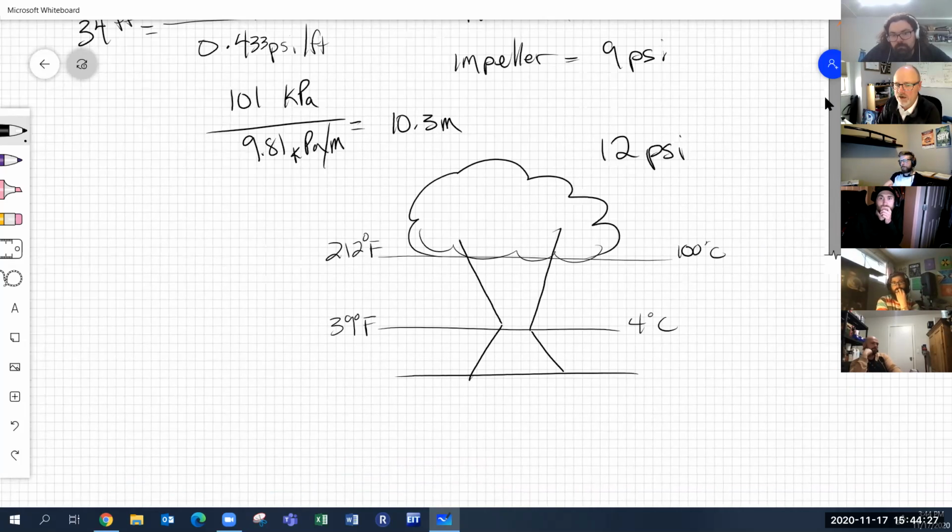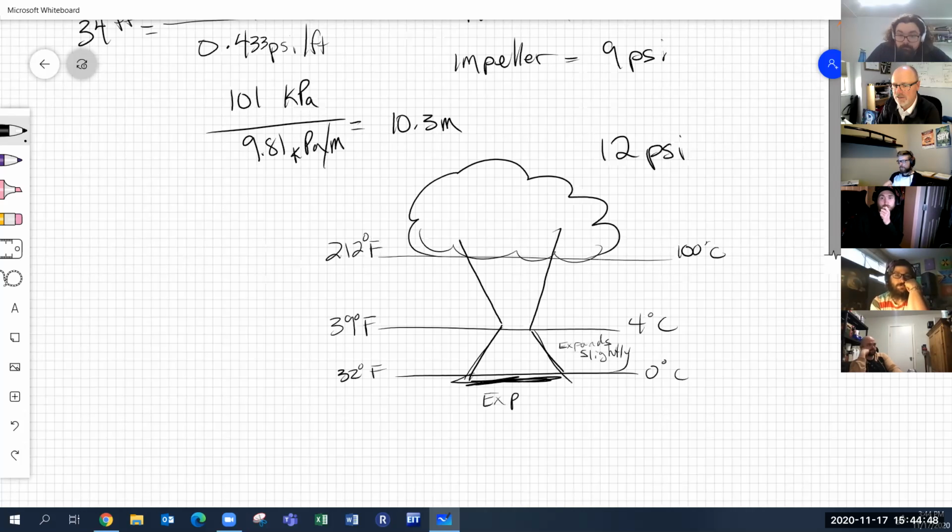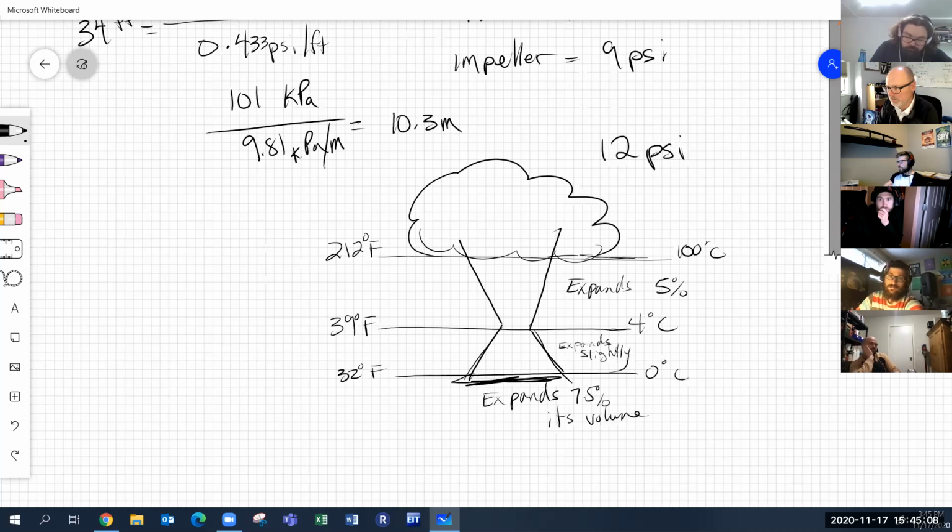The freezing point of water is 32 degrees F or 0 degrees C. As water freezes, it expands slightly until it gets to the freezing point, and then it expands 7.5% of its volume. And as water is heated from 4 degrees up to the boiling point, it expands again, about 5% of its volume.